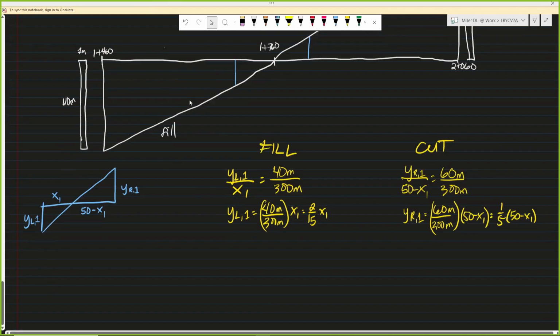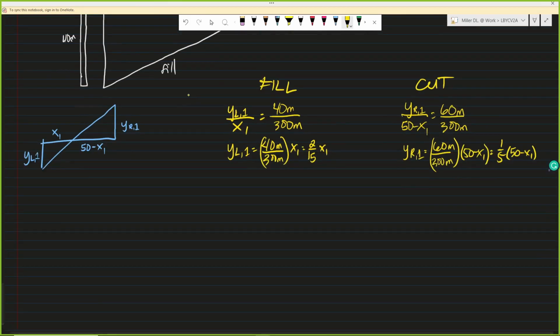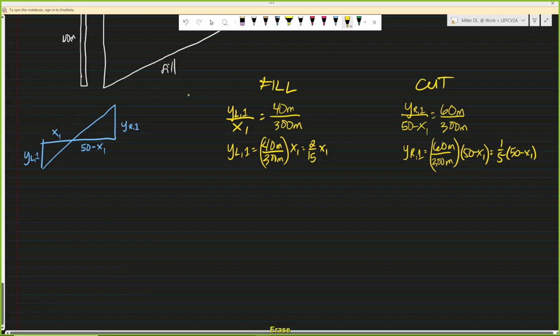Then, ipe-presume natin that the volume of the fill and the volume of the cut would be equal. Kasi, kung ano yung ika-cut mo dito, yun yung itatambak mo rito. Okay? So, dapat equal yung volume.